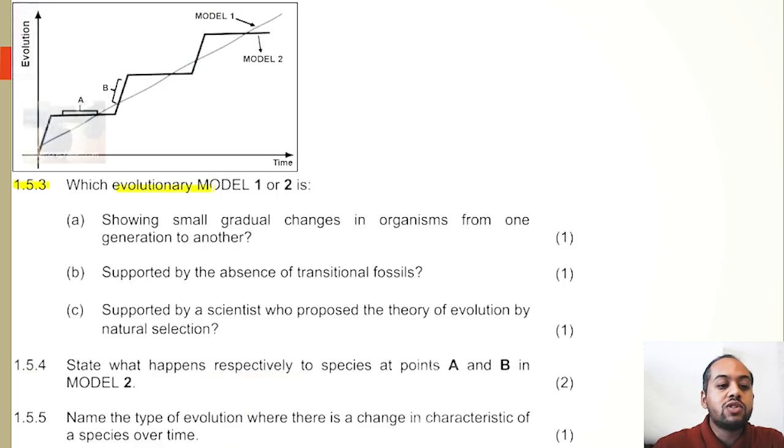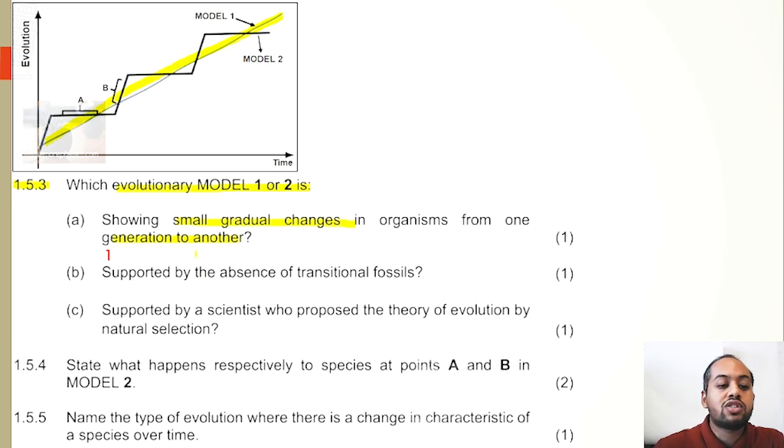1.5.3, which evolutionary model, 1 or 2, is showing small gradual changes in organisms from one generation to the next. Small gradual changes from one generation to the next is going to be model 1, because you can see you're looking at the straight line. If we chose model 2, that would have to be rapid changes occurring. That's for punctuated equilibrium.